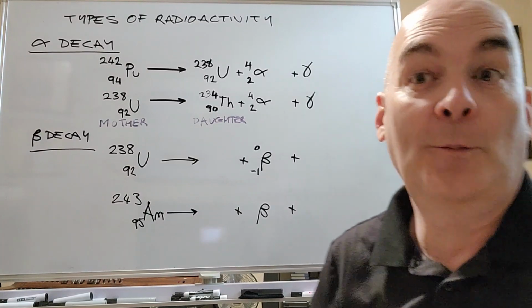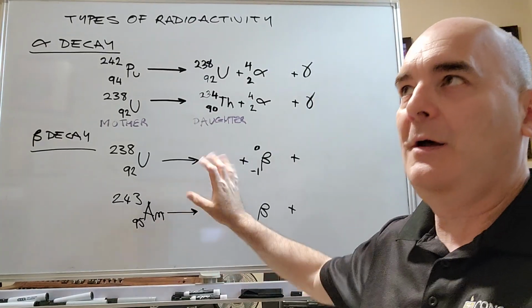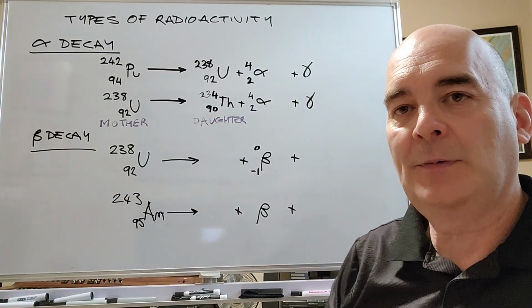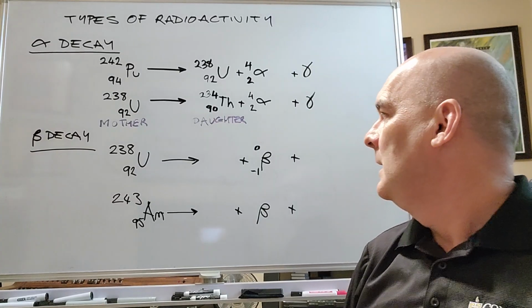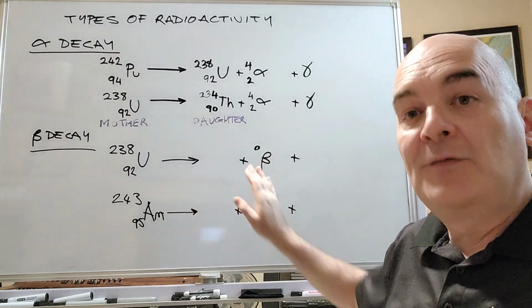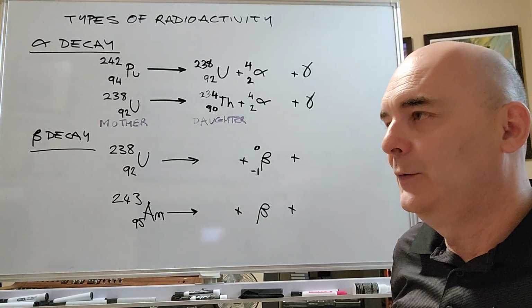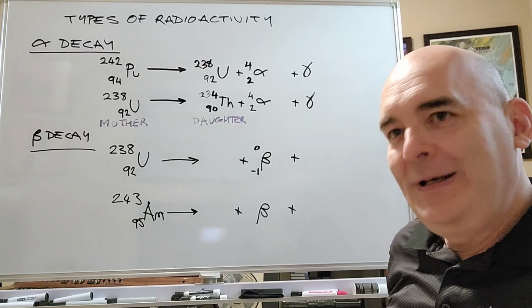Now we know it cannot be an electron, because beta particles come from the nucleus. When the nucleus splits apart, it emits this particle, and we can't have electrons at the nucleus. But it looks really like one.